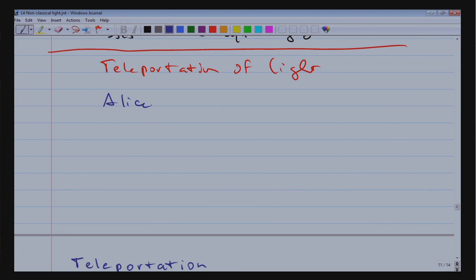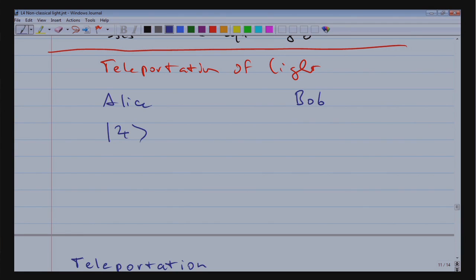Well, teleportation has a sender and a receiver, which in quantum information science are called Alice and Bob. And teleportation means Alice has a quantum state, psi. And she wants to send this quantum state psi to Bob. In other words, you have maybe some squeezed light.